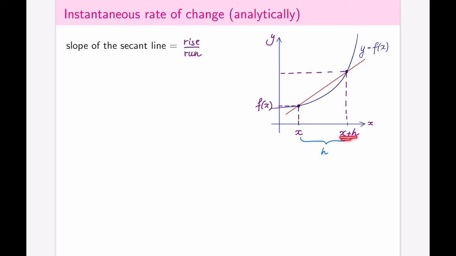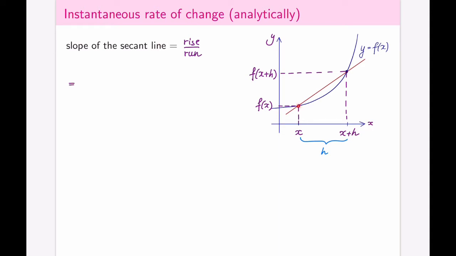And if my point is x plus h, then I have to plug that into my function in for x in order to produce the y-coordinate that corresponds to it. So this will be f of x plus h. Note here the function notation. I have to plug x plus h in fully inside of x in order to obtain the y value for it.